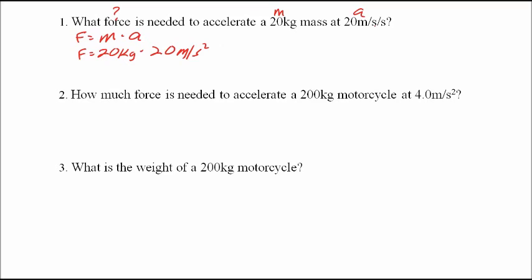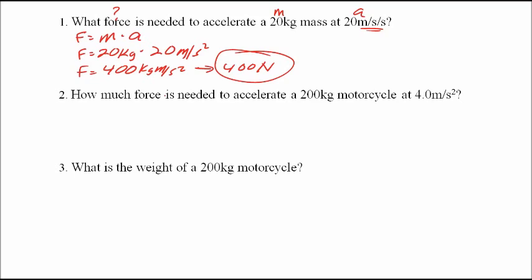When we work this out, 20 times 20 is going to give me 400. What is the unit of measurement? Well, we know it's kilogram meters per second squared. Nothing factors out here. And that is the same as 400 newtons. So there's our answer, 400 newtons.